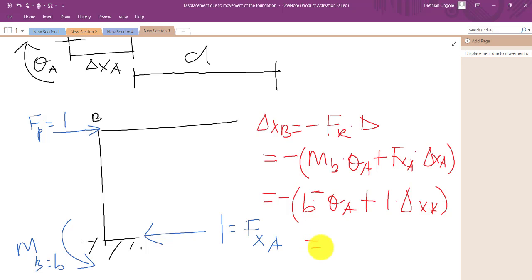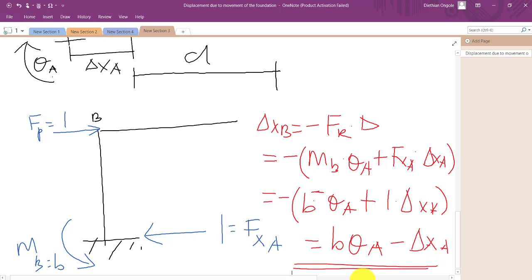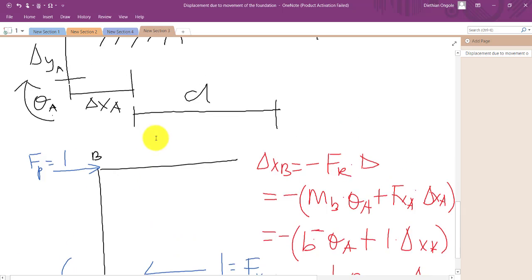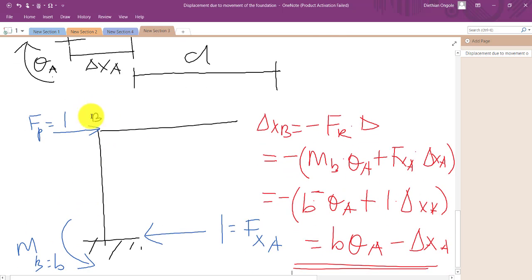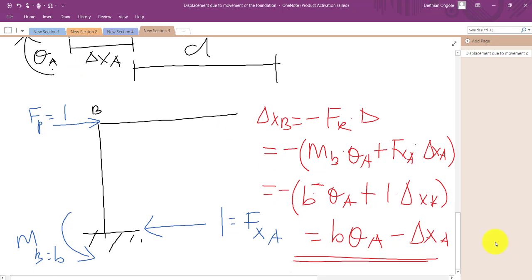We shall be having a b theta a, then minus this should be delta x a. So the displacement at point B on the system due to the movement of the foundation at A would be equivalent to this value here that we've calculated.